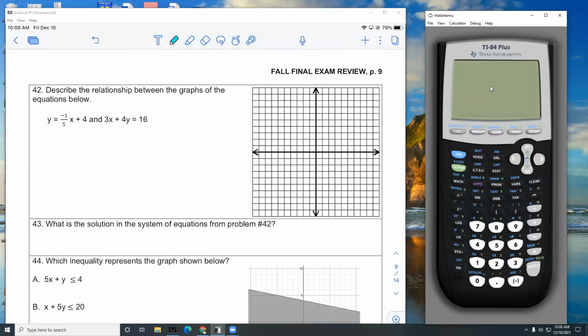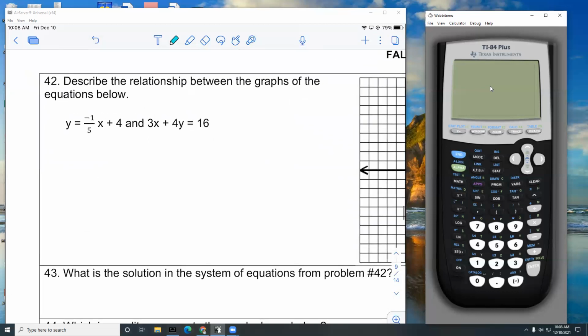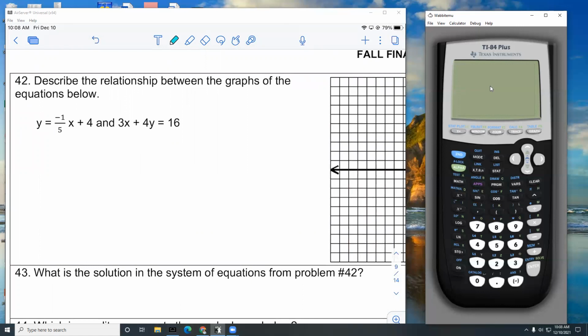Number 42, describe the relationship between the graphs of the equations below. All right, so let's go ahead and graph both of these. I'm going to start with y equals negative 1 over 5x plus 4. My slope is negative 1 over 5, so I'm going to go down 1, right 5 each time.